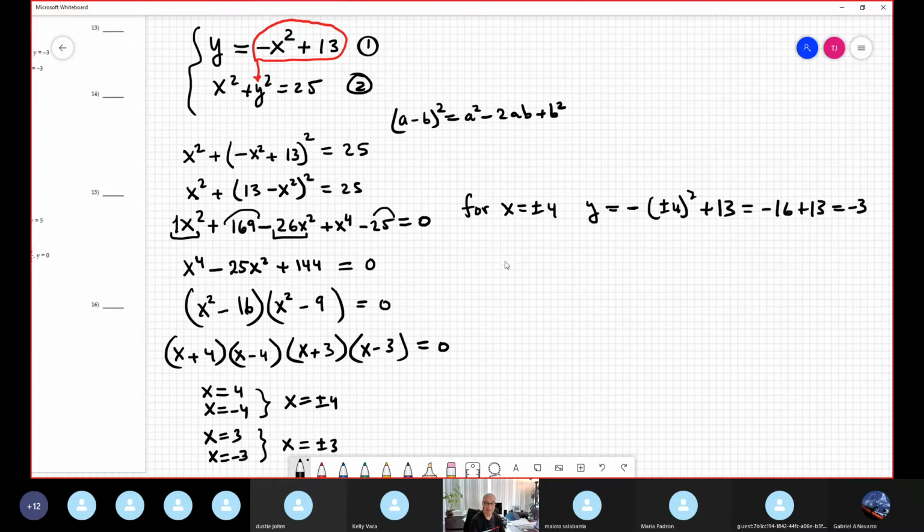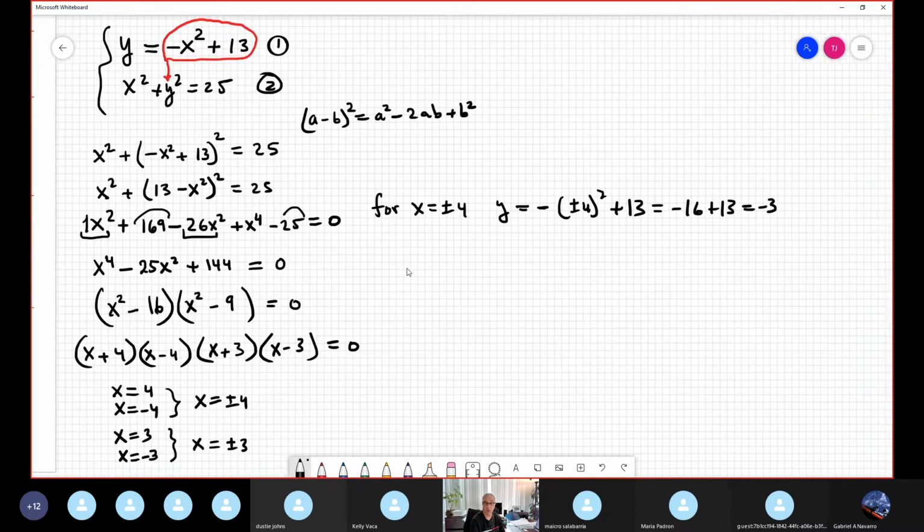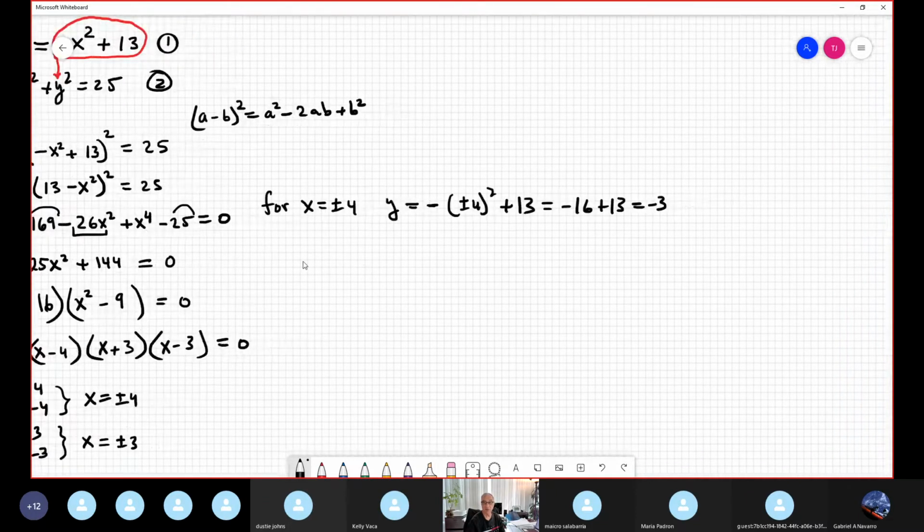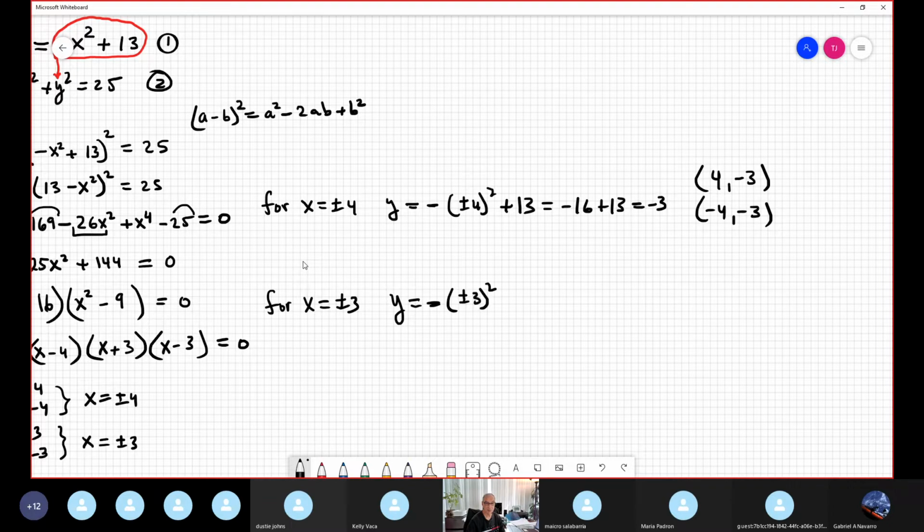Actually, we have in this moment 2 points. Here's the point: 4, negative 3 and negative 4, negative 3. Likewise, for x equal plus or minus 3, we have y equal negative plus or minus 3 squared plus 13.